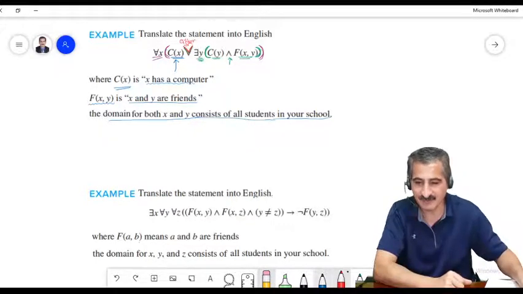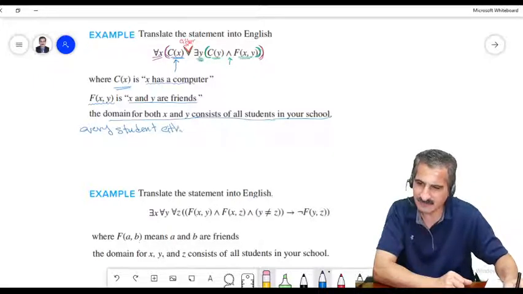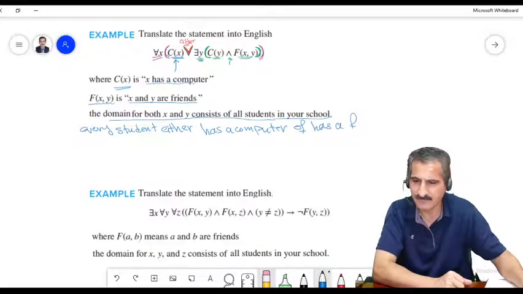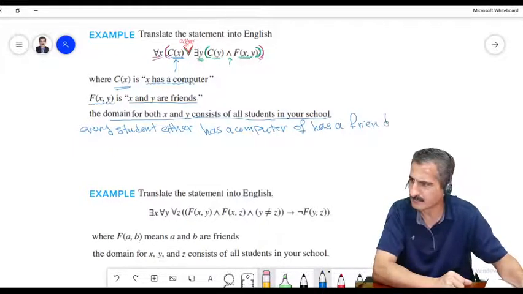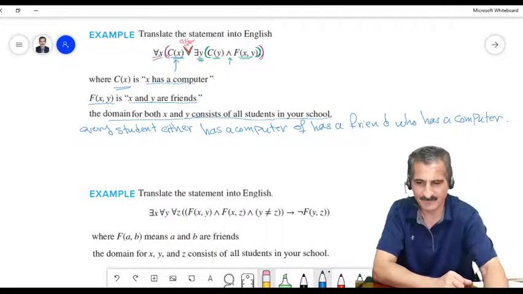So this statement will become: every student either has a computer or has a friend who has a computer.